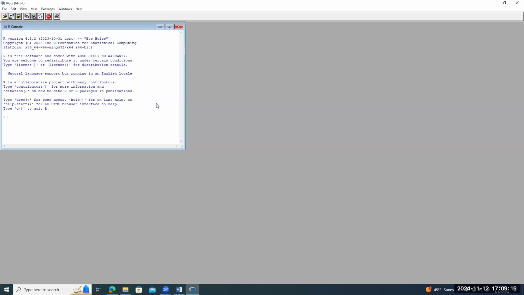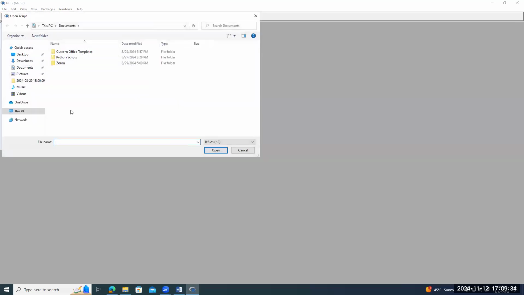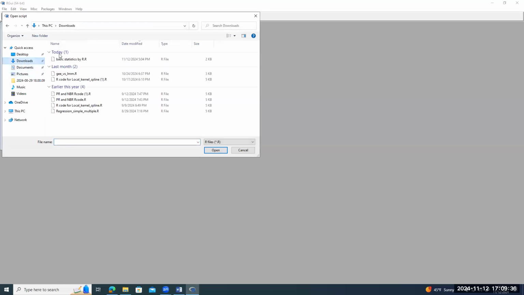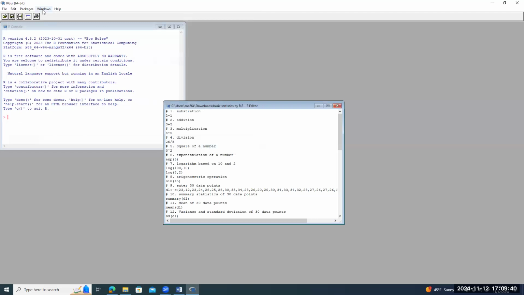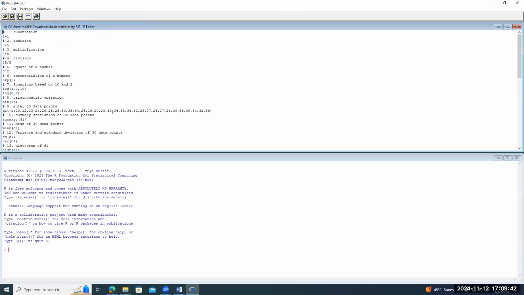Okay. So now go to the Western. Did you download that thing from Western Online? Yeah. Okay. So now I have this thing. See what I'm doing. It is recorded. Yeah, it is recorded. So now go to the file, open script, and then downloads and basic statistics by R. And then I want to do Windows and tile horizontally.